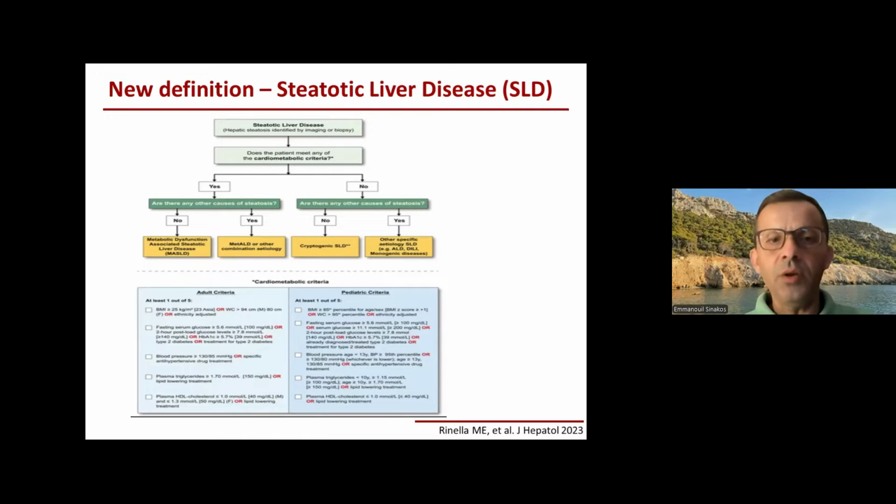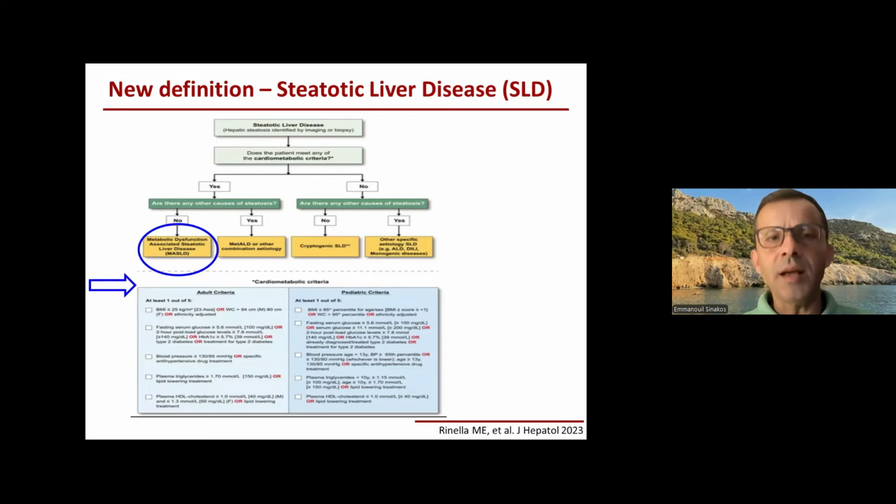If you have satisfactorily excluded these parameters, then you come to a diagnosis of metabolic dysfunction associated steatotic liver disease, or MASLD. This is the acronym that I will use for the rest of my presentation, which is the current terminology for the disease that we used to call NAFLD.